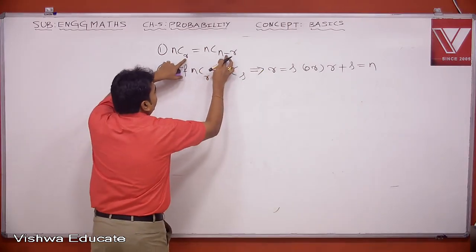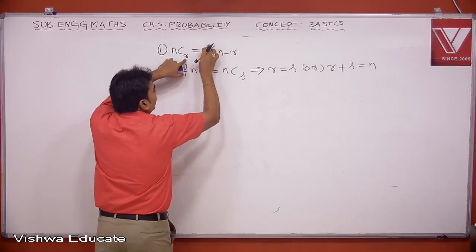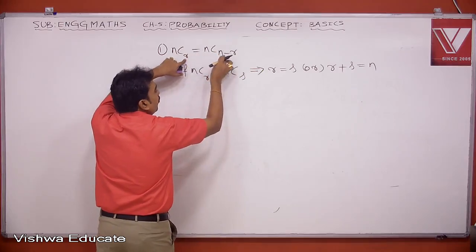So when you add these two, you will get the N value.